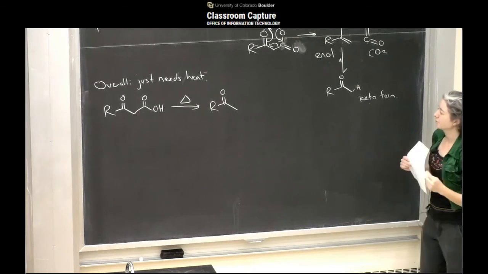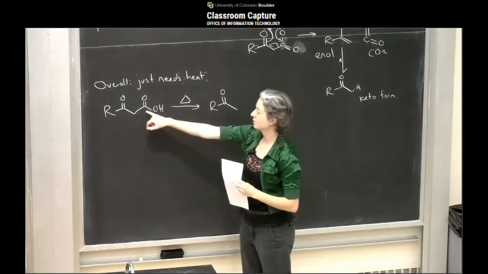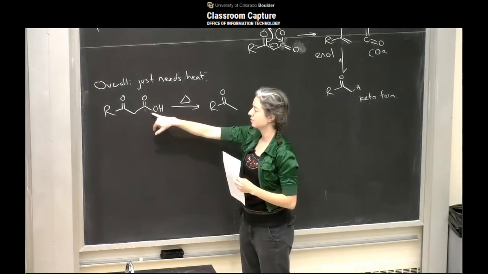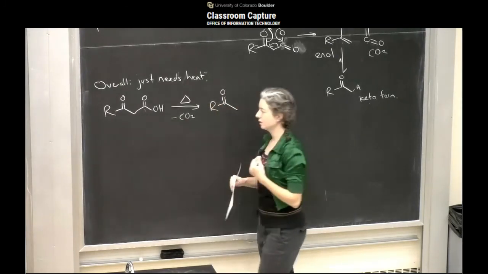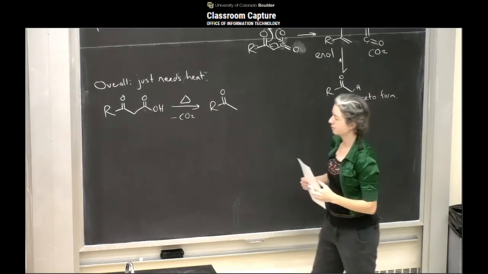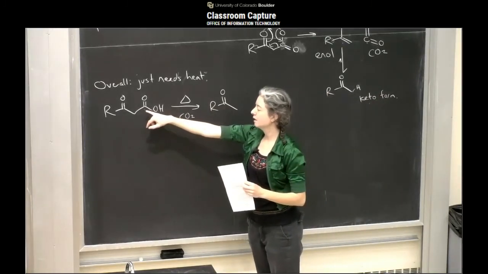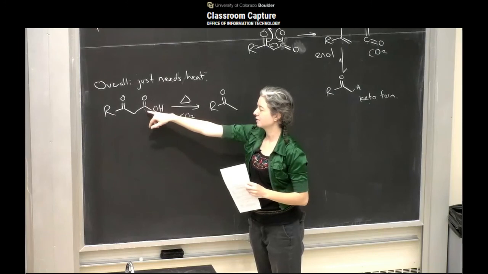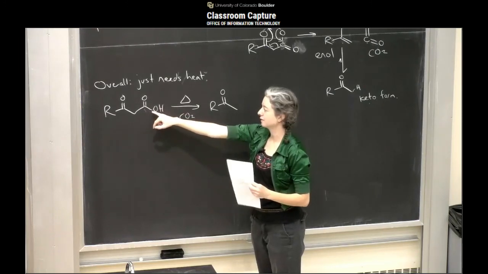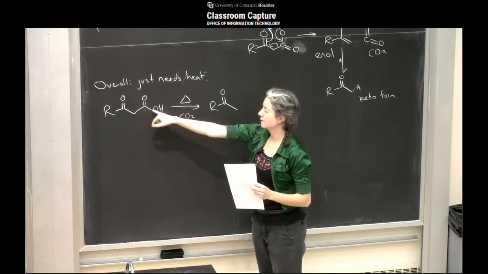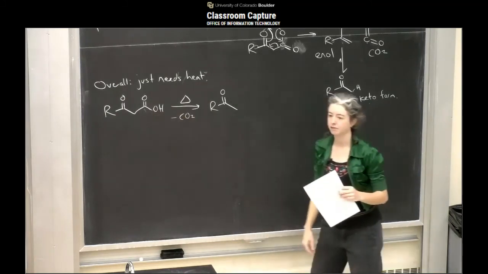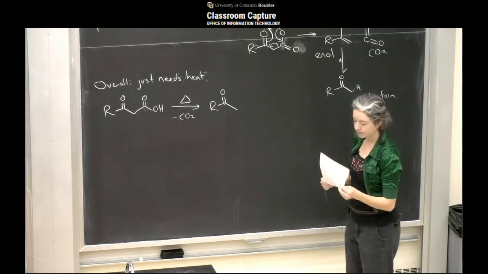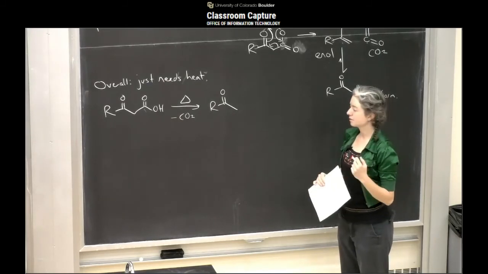In other words, these are fairly fragile molecules that'll drop off a molecule of CO2 as soon as you start heating them up, which can be useful. As we'll see in a couple chapters from now, sometimes we deliberately want that to happen, and we're saving up decarboxylation for the last step once we've taken advantage of it chemically in other ways. But sometimes it's kind of annoying because this is not going to stick around for very long as soon as you heat it up. Okay, so other questions about that one?